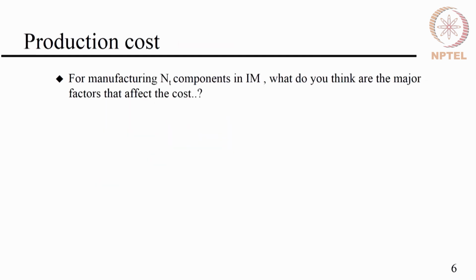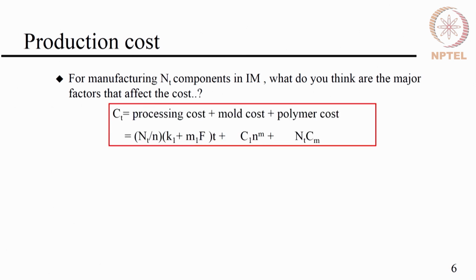But the production cost is the total cost. Since the number of components that are being made is more, it will come down with multiple cavities. So, the total cost is the processing cost, the mold cost and the material cost.